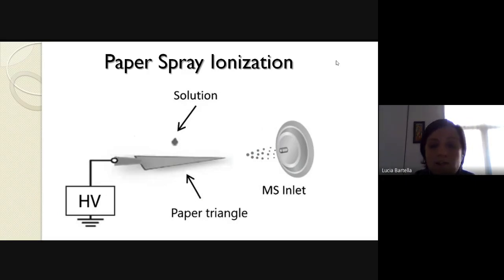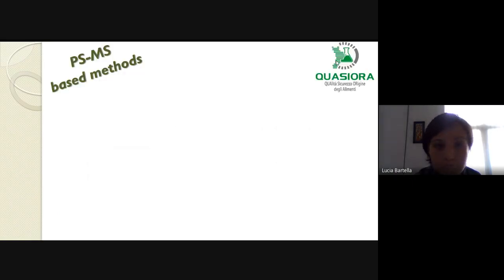The electric field generated between the paper and the MS inlet causes an accumulation of charges at the apex of the paper, and a charged spray. After the solvent evaporation, the gas phase ions are analyzed by the MS instrument.